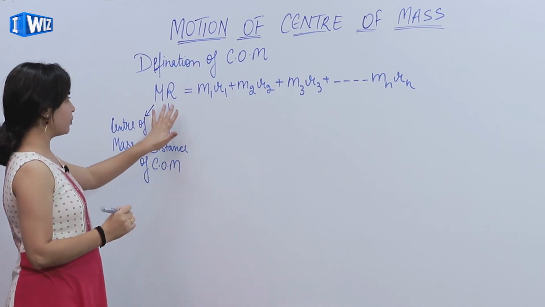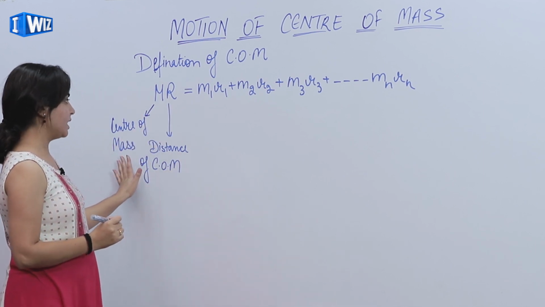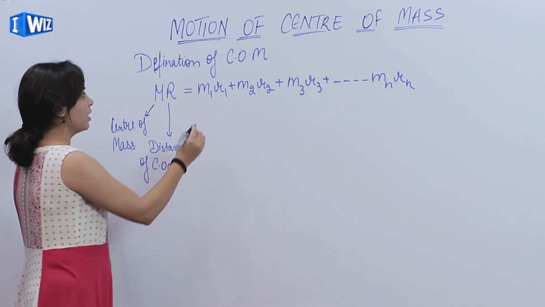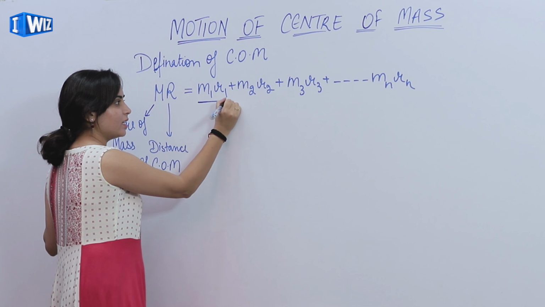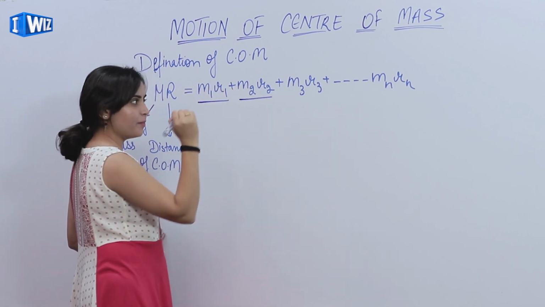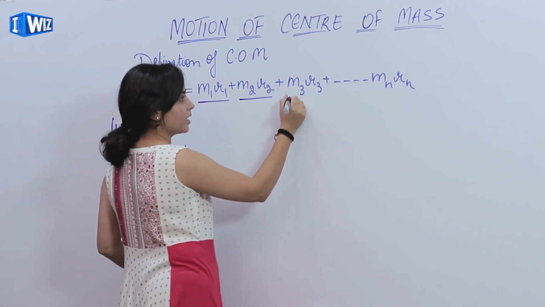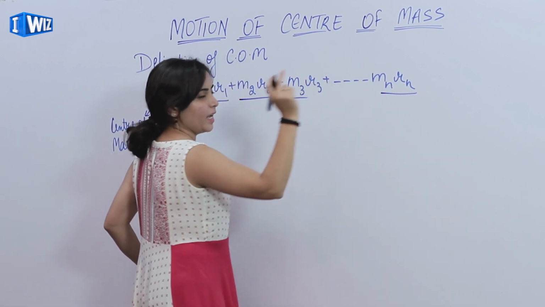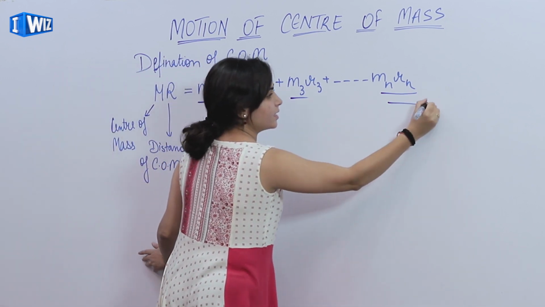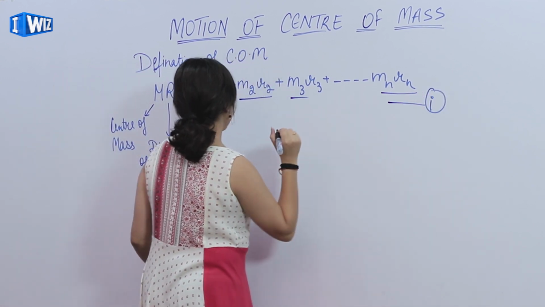So this product of center of mass and distance of center of mass is equals to mass of first particle into distance of first particle plus mass of second particle into distance of second particle and up to so on nth particle. So let us say this is equation number 1.